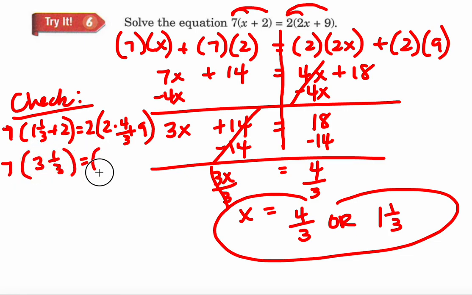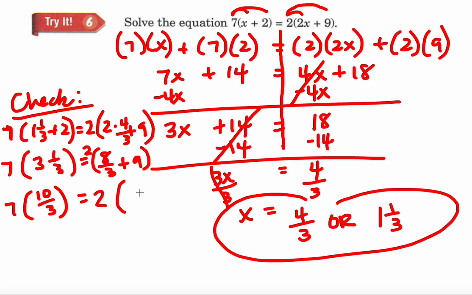And this should equal 2 times, 2 times 4 thirds is 8 thirds plus 9. Oops, forgot my 2 in the front. So let's see, 7 times 3 1/3. Let's change that to 7 times 10 thirds equals 2 times, 8 thirds is 2 2/3 plus 9.